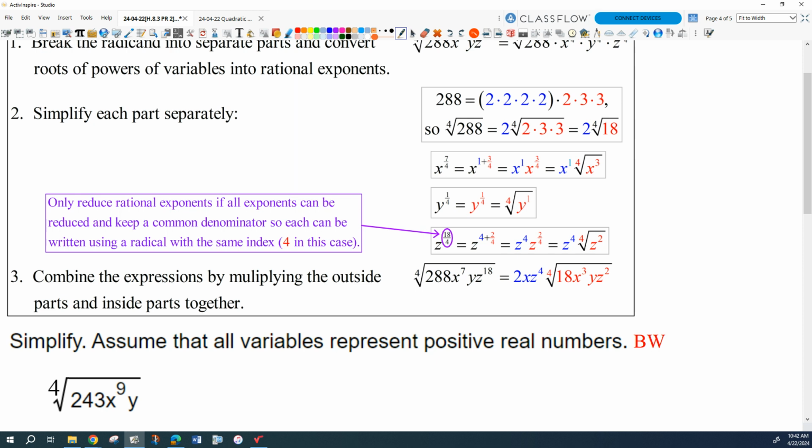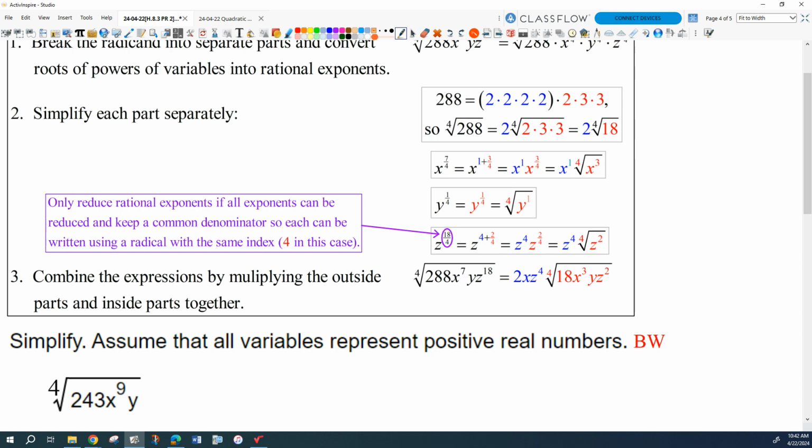You guys can all do a factor tree for 288, but just pretend we did. If we did a factor tree, we get 7 prime factors from 288, right? What's our rule for a 4th root? You guys already told me that's going to be quadruples go out, everything else stays in. So it looks like we've got 1 quadruple and a bunch of other stuff, right?